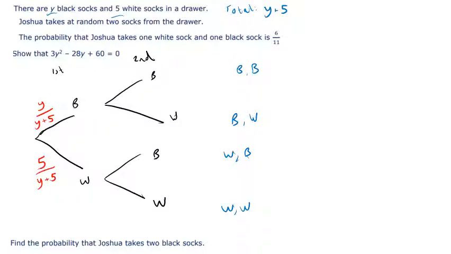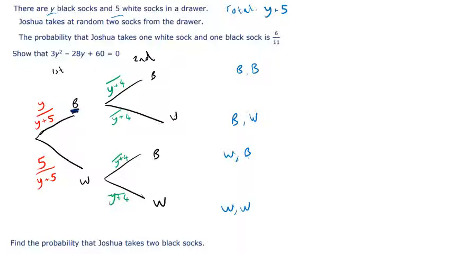Now, next bit's a little bit more complicated, but he's taken out a sock from the drawer, hasn't he, at this stage? So there's going to be 1 less sock left in the drawer. So if there were y plus 5 and he takes 1 out, there's only y plus 4 left. Oh, this is tricky. So this is him taking out a black sock.